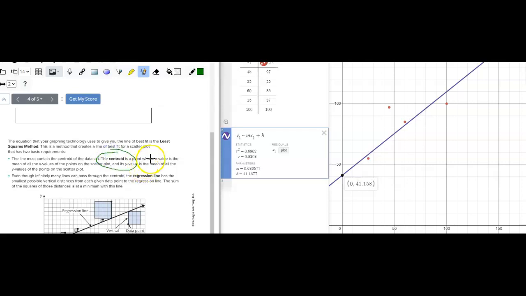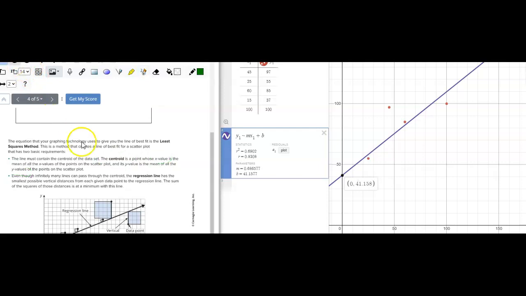The centroid is the point that is the average of all the x values and the average of all the y values. If you took all the x values, added them up and divided by how many there were, that would give you the centroid's x value. And if you took all the y values, added them up and divided by how many there were, that would give you the y value of the centroid. We'll learn more about that later.